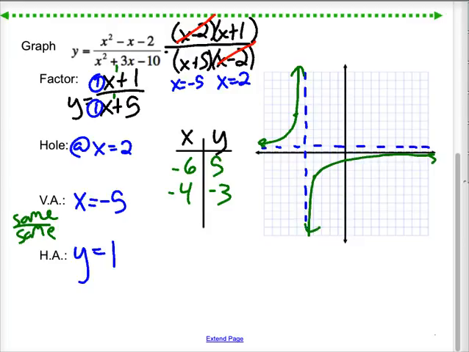Now the one thing you might be wondering about is I haven't dealt with that hole yet. So for that hole, what I want you to do is where x is 2, so x is going to be 2 along that line there. So I want you to see the point that the graph is at on x equals 2. For the hole, I just want you to put a little open circle there.